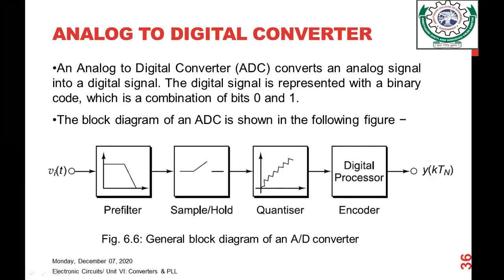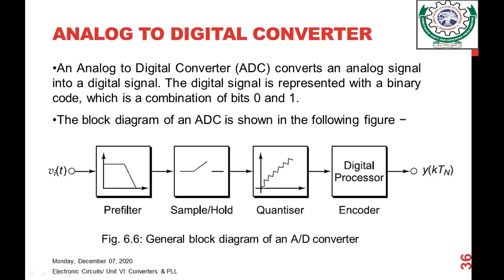And then the output of the pre-filter, anti-aliasing filters are used here. The output of this would be given to the sample and hold circuit, and the output of the sample and hold circuit is given to the quantizer and finally to the encoder.